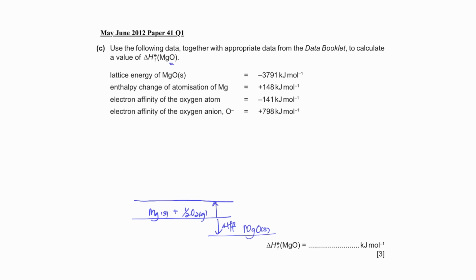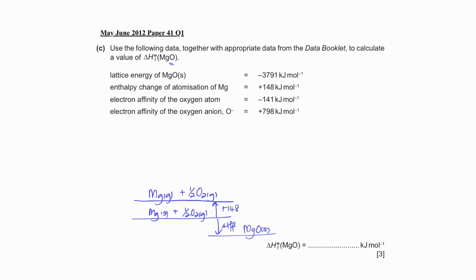For the atomization of magnesium, we turn magnesium solid to magnesium gas. Since we do nothing to oxygen, we just write it back for the oxygen. For this process, the enthalpy change is positive 148.